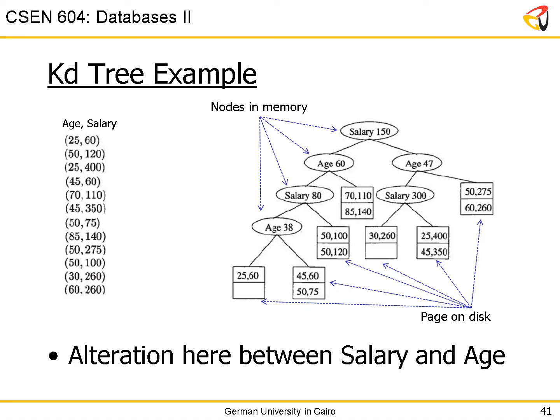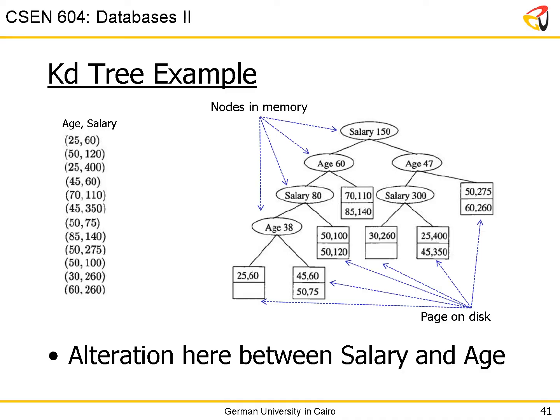If I had a KD tree built on 3 columns, X, Y, and Z, I could pick any one of the columns to start with. But once I pick that, and once I pick the next one, I'm fixed with the order. So if I pick X first, Y next for level 2 in the tree, where level 1 is the root, then it's going to be XYZ, XYZ, XYZ, XYZ.